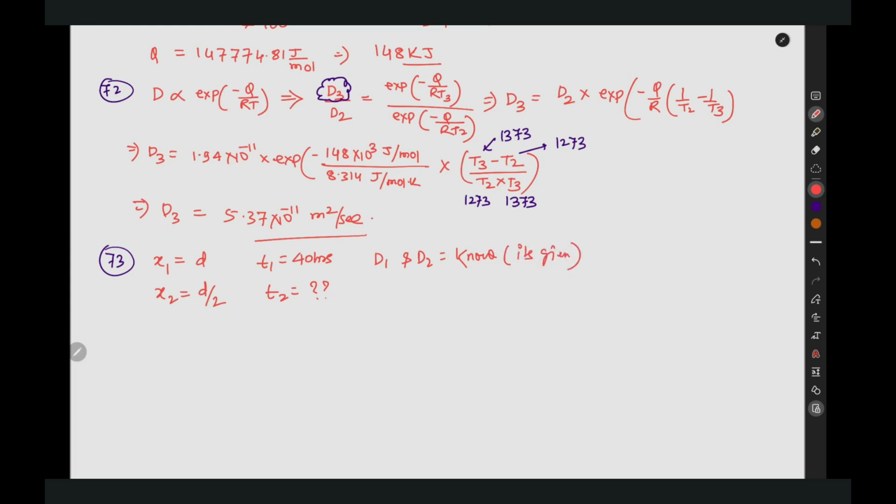From the Fick's second law, we know C of x comma t equal to A minus B error function of x by 2 root Dt. Now we have to understand that inside the error function, x by 2 root Dt is a constant term for a particular set of material.